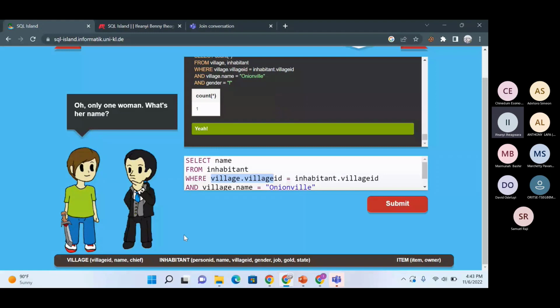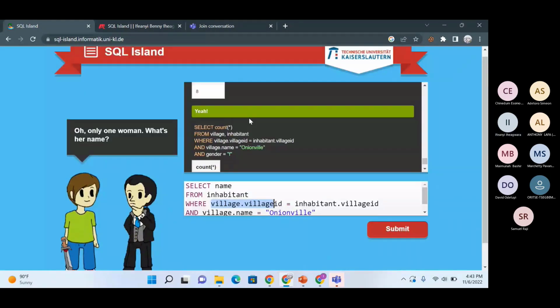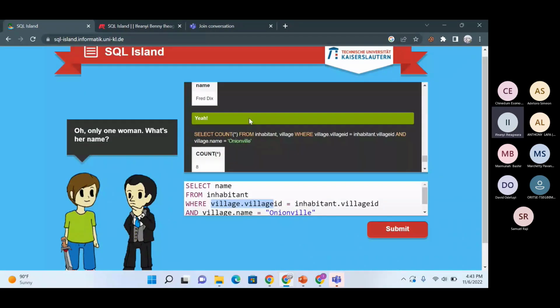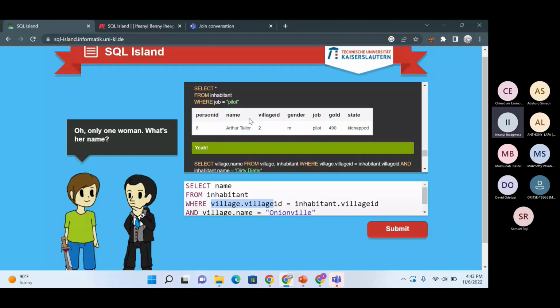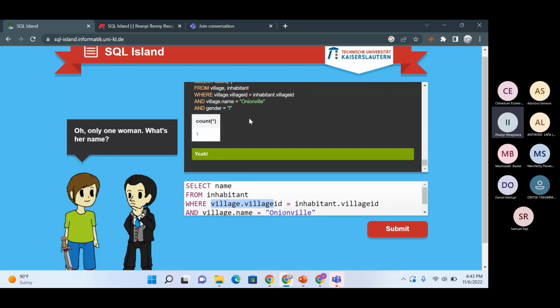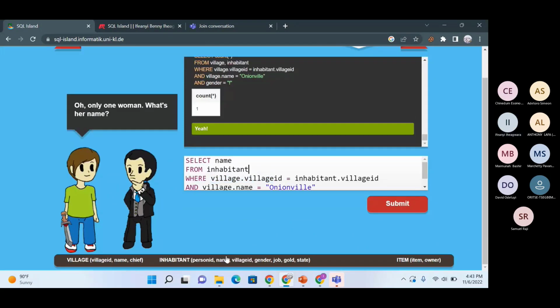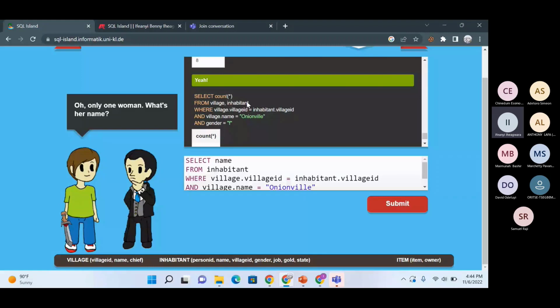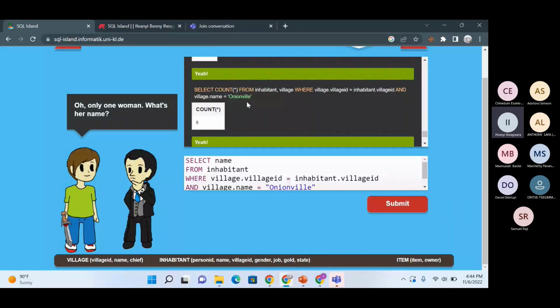I'm not sure we know the ID of the village. Do we know the ID of the village? No. Okay, no, we don't know the ID of the village. So I think we're at this day.